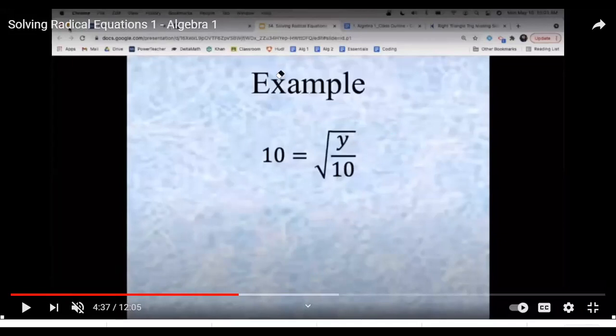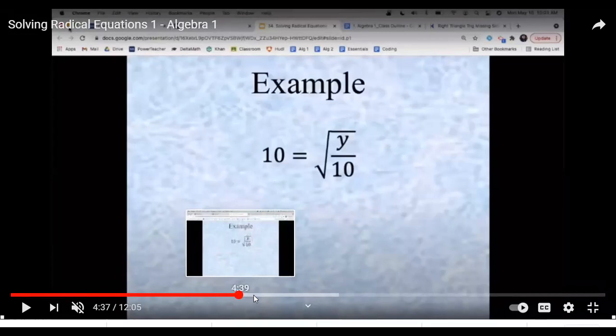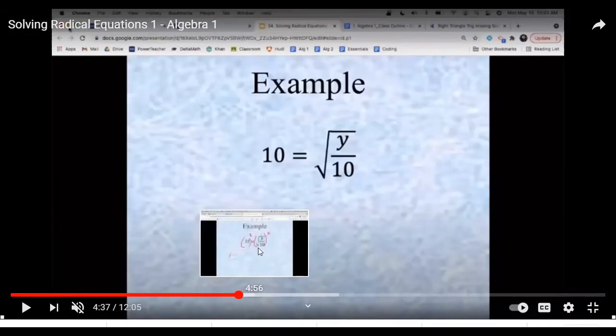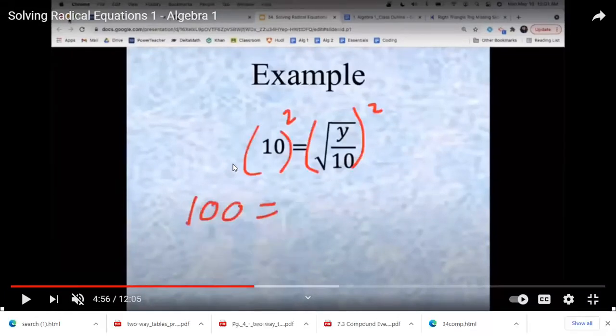We will put them all to the power of 2. Yes, Sama, please answer. Put power of 2 on both sides. Very good. So we will put power of 2 on both sides. And then what's going to happen to the square root? Y over 10. Thank you. We will have y over 10 equals 100.